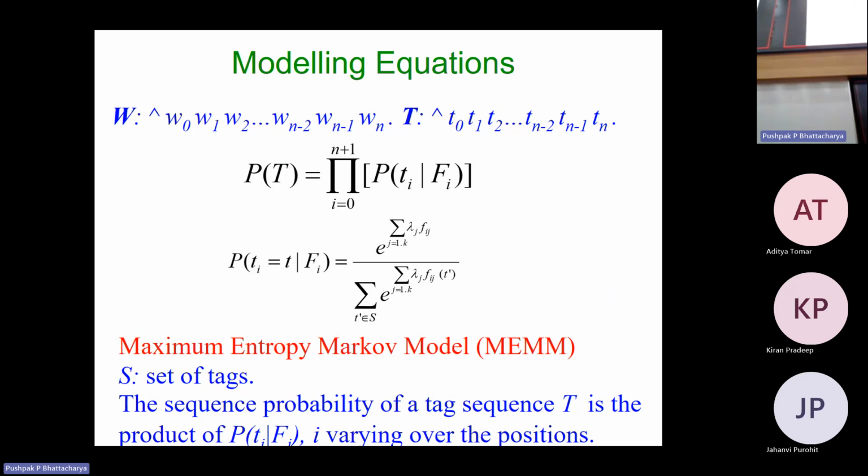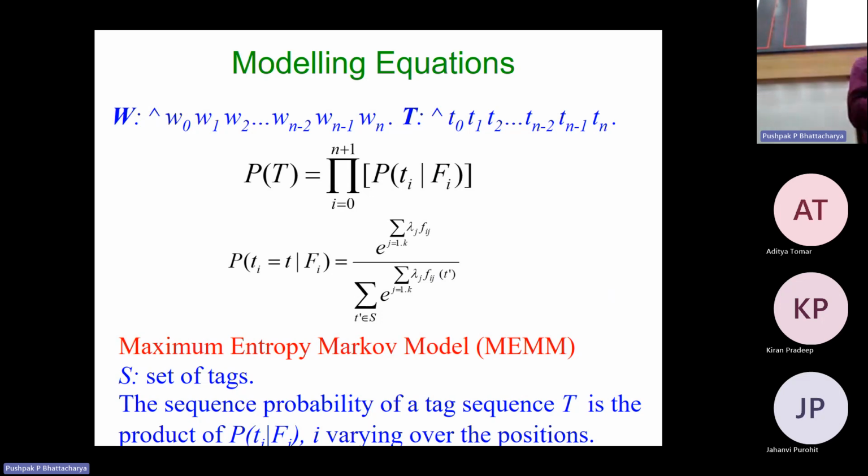Okay, so now let's look at the modeling here. We have to propose an exponential distribution. In conditional random field also, exponential distribution is used. So you see here, the word sequence is ^, W0, W1, ... Wn, and then a dot. And the required tag sequence is ^, T0, T1 up to Tn and a dot.